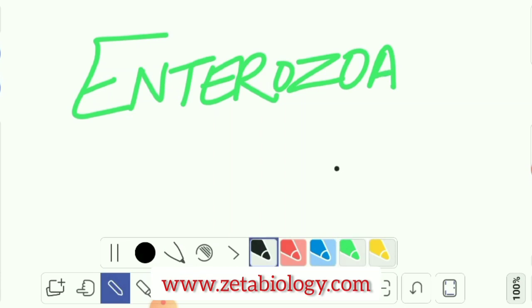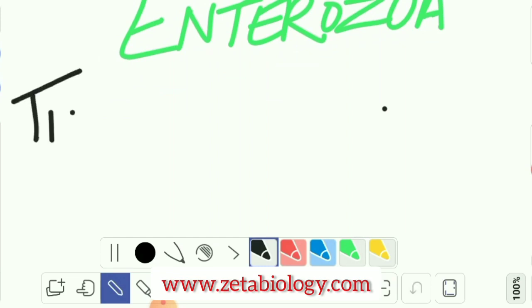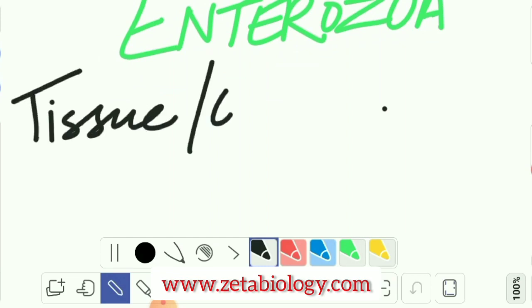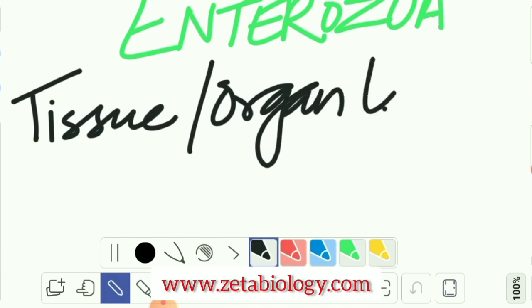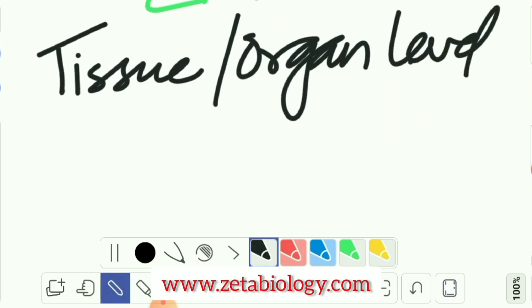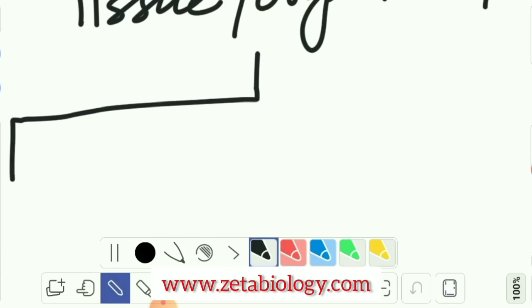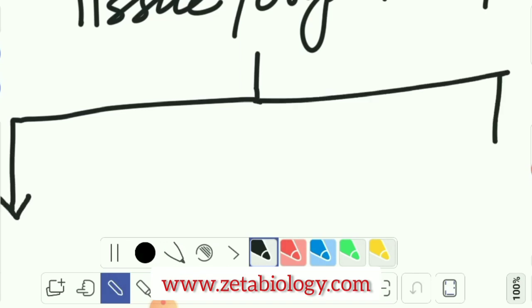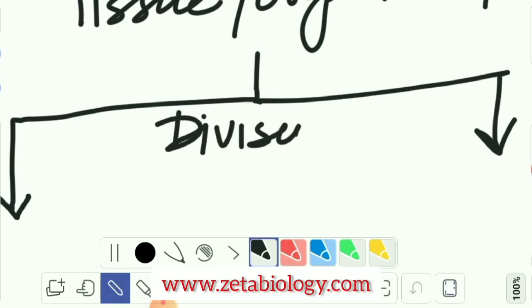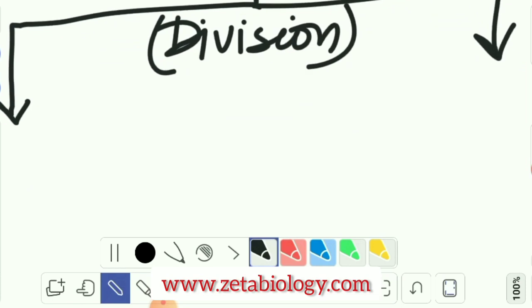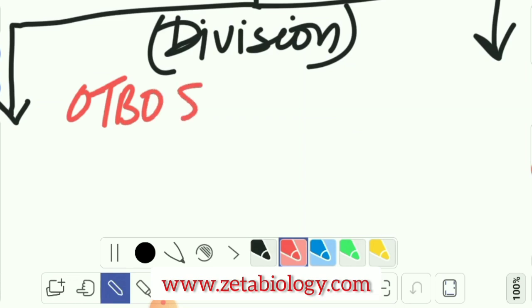Now, Enterozoa is based on tissue or organ level. It is further subdivided into divisions. Okay, so from here, division starts. Now, division on the basis of symmetry.